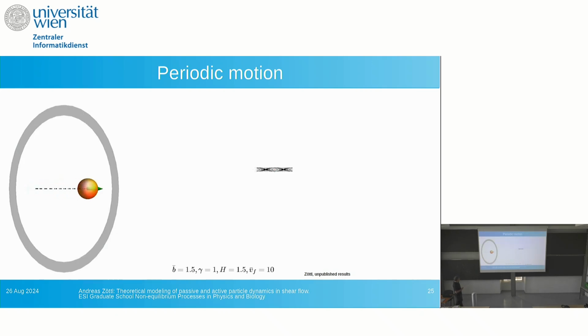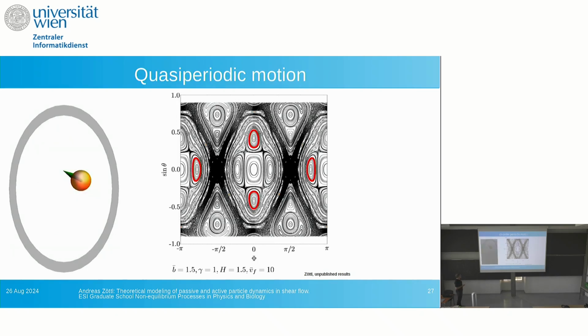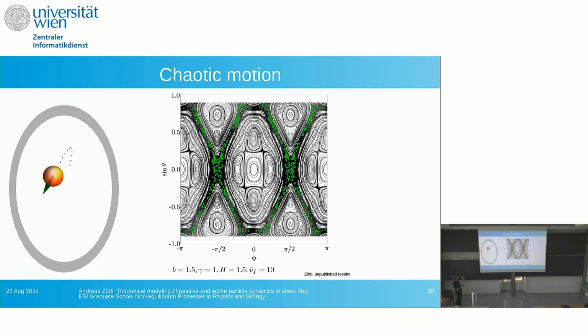And then you get periodic motion, quasi-periodic motion, for example, order 6 quasi-periodic motion in the channel, and no, this was periodic still, this is quasi-periodic, and chaotic motion, depending where you start in the phase space. Okay, but this is just for fun, I would say. I think in experiment you could never see this because noise will destroy this.